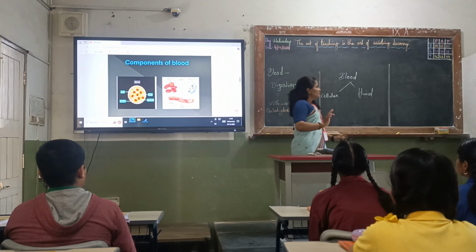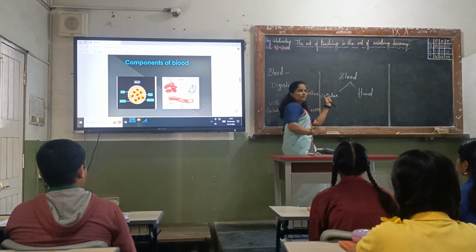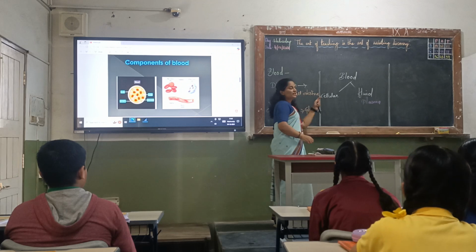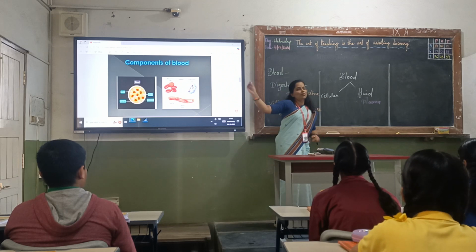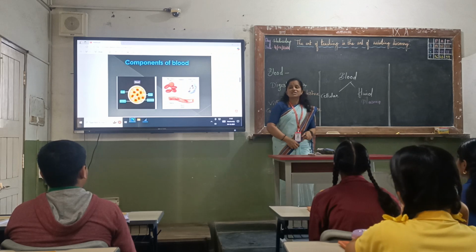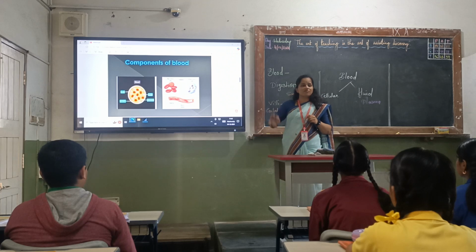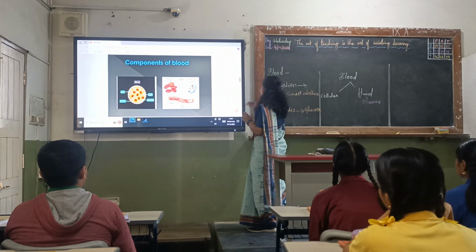Then the fluid part is in the liquid state, and the cellular part contains all three kinds of cells which are suspended in the plasma. So RBCs, red blood cells, WBCs, white blood cells, and platelets are present in the blood.